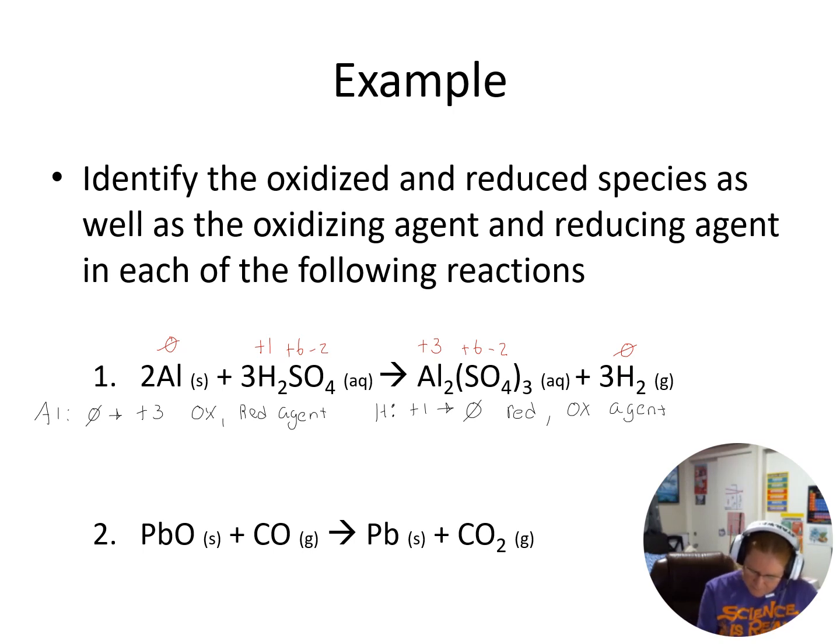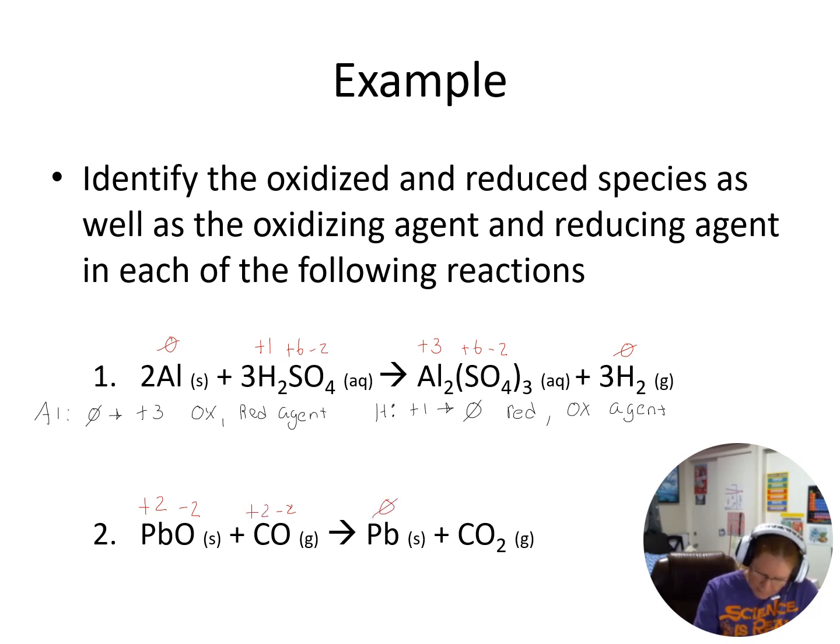Okay. All right. Now we've got some lead-2 oxide and some carbon monoxide going to lead and carbon dioxide. All right, so in our lead-2 oxide, oxygen's a -2, our lead's a +2. Now in my carbon monoxide, again, oxygen gets that -2, which means that carbon has to be a +2.